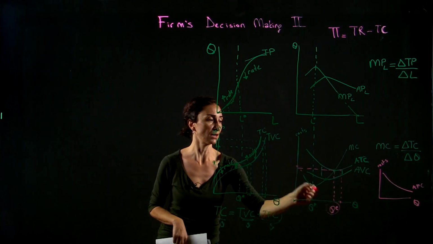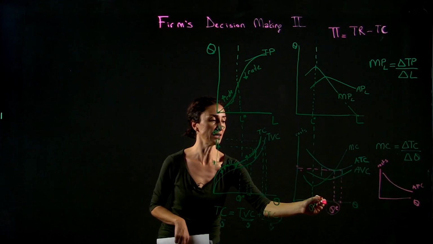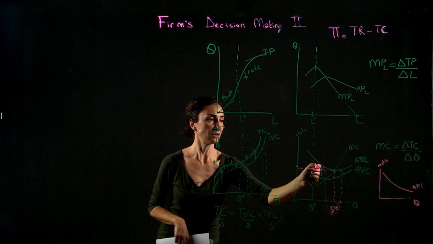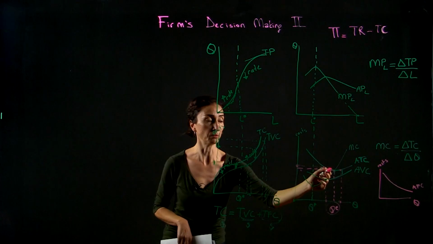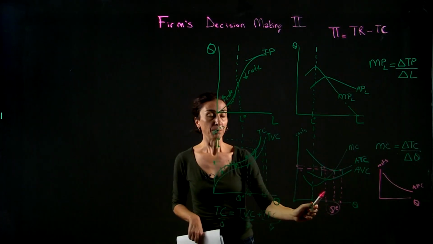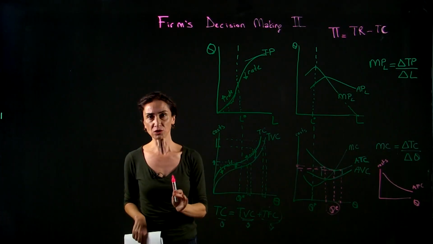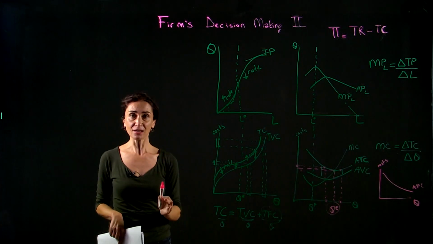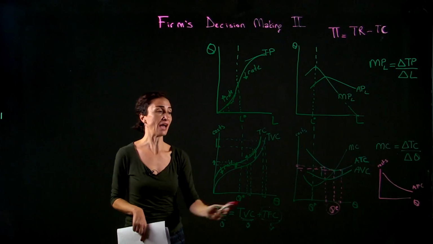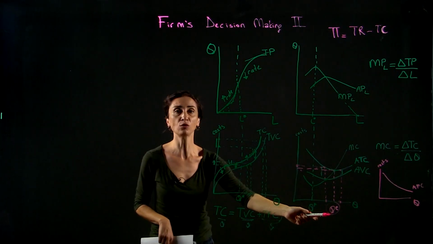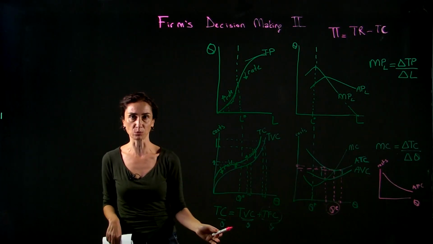Or if you come here and produce less than this amount, the cost of this output is more than this minimum. So the definition of productive efficiency in this course is producing something at the lowest possible cost. And this is the quantity that allows the firm to produce at the lowest possible cost.